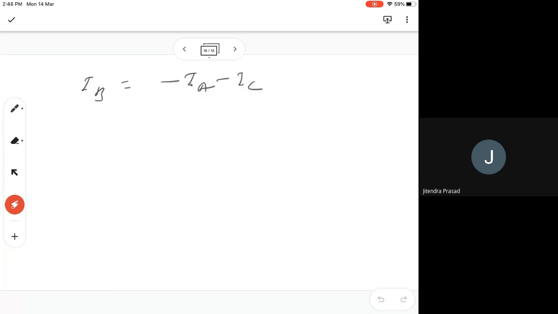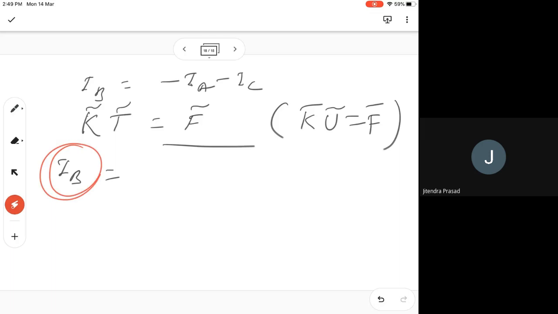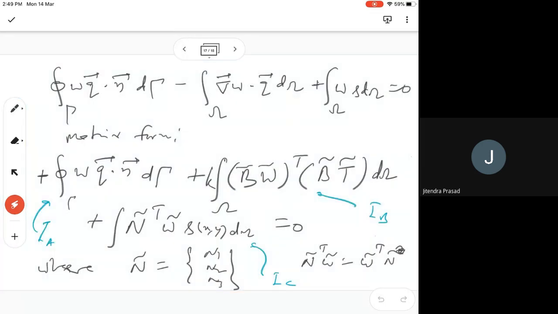What we get from here is something like this: K times T is equal to some force, or we are used to K times U equal to F. We get that type of thing. So just to see where we are leading to, let's simplify the second integral.